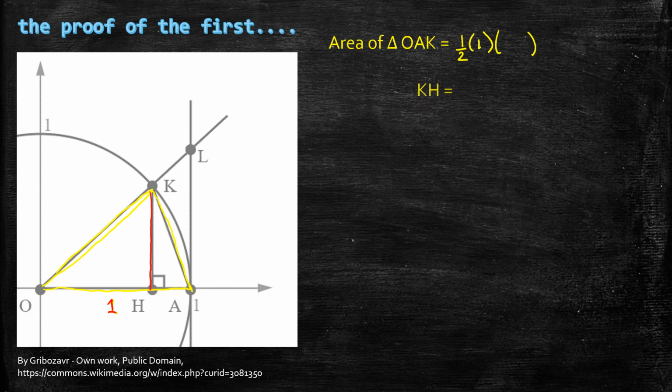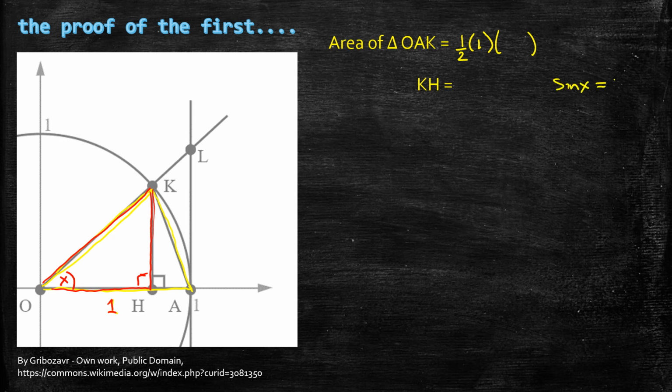So first of all, we have to find KH before we go any further. Now I'm going to introduce an angle. I haven't put an angle in here, but we need that to find KH, so let's call that x. If we look at this little right triangle here, we can use our trig ratios. If we want to find the value of KH, we observe that sine of x is opposite over hypotenuse.